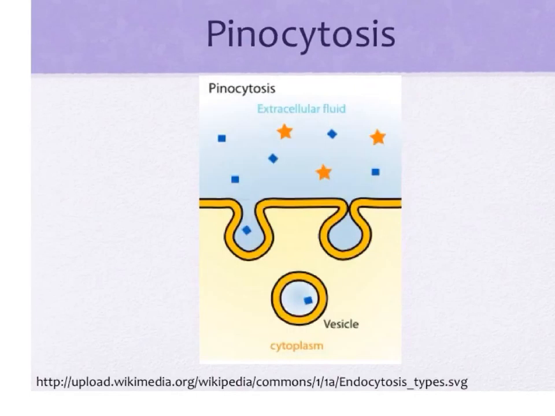A much similar process is called pinocytosis, and instead of food going into the cell, you can see liquids and maybe a few little minerals or dissolved ions can get sucked into the cell too. Once again, the cell membrane circulates around it until it pinches it off, just like that, and it's able to move freely into the cell into a vesicle where later those nutrients can be received.